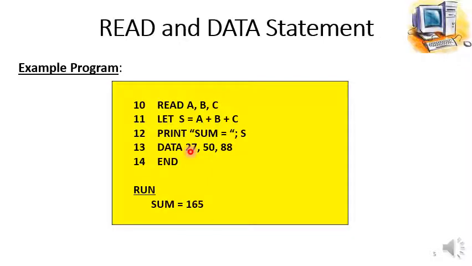Remember that this 27 value will be stored in the first variable in the read statement, that is A, 50 will be stored inside variable B, and 88 is going to be stored inside variable C, and then we are writing the end statement.